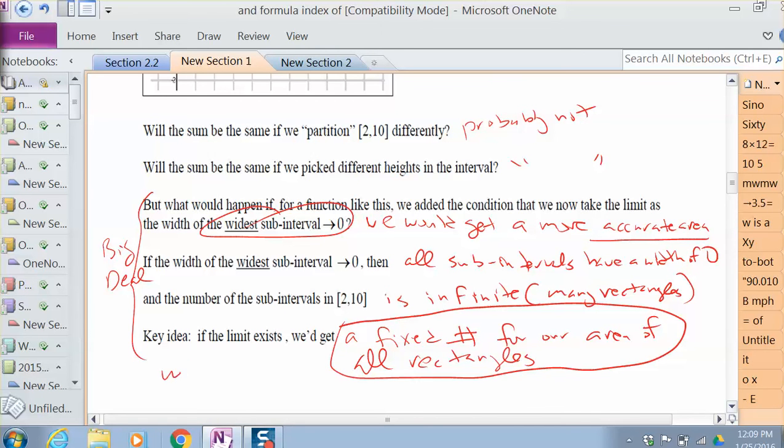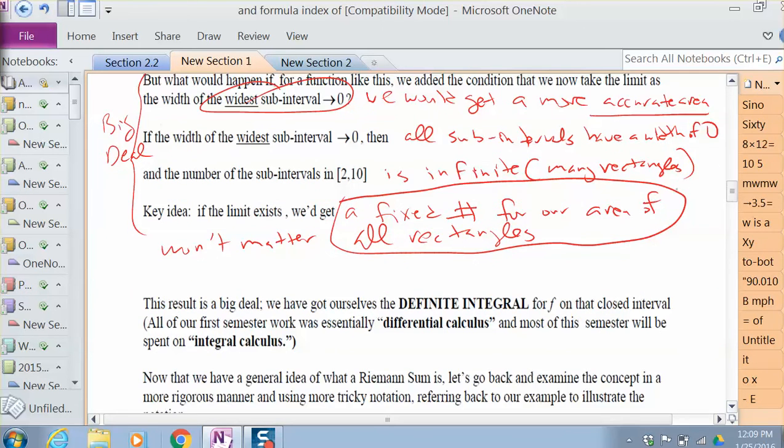And it won't matter how we partition or heights we choose. And this gives rise to a very, very important thing in this class, the definite integral.